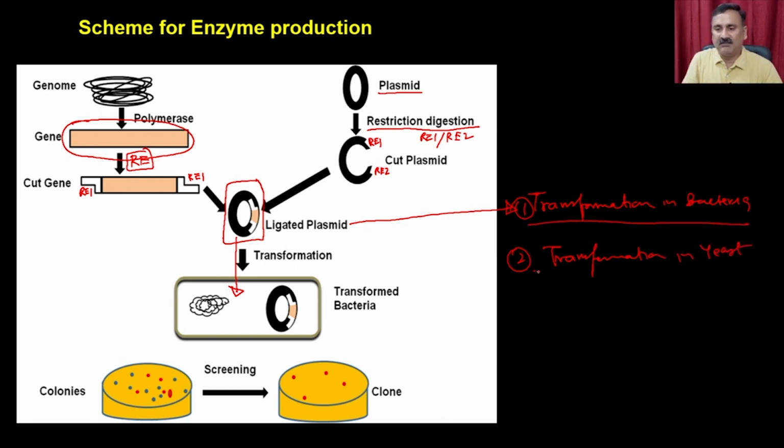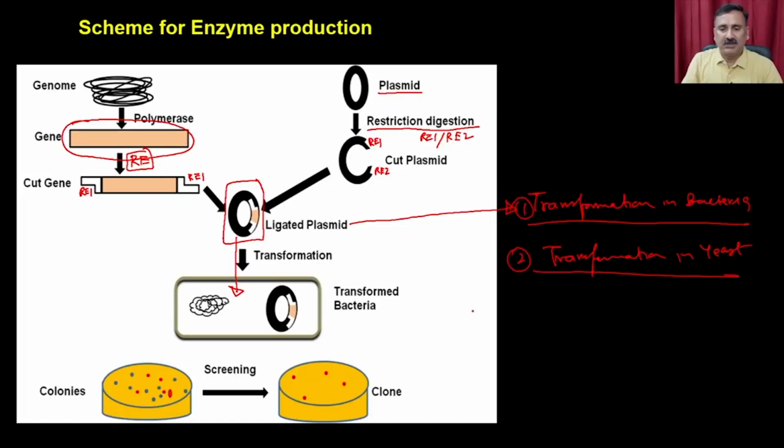In both of these methods, you treat the cells with a chemical agent, which changes the surface chemistry and makes the cells competent enough to take up the exogenous DNA. Once the DNA is taken up, you put the cells into the recovery phase, and that's how you get the transformed colonies.